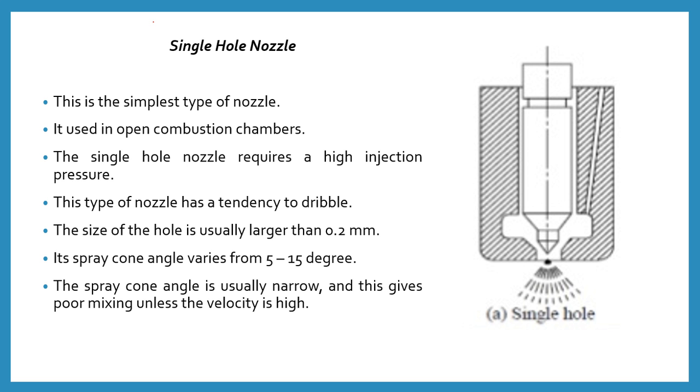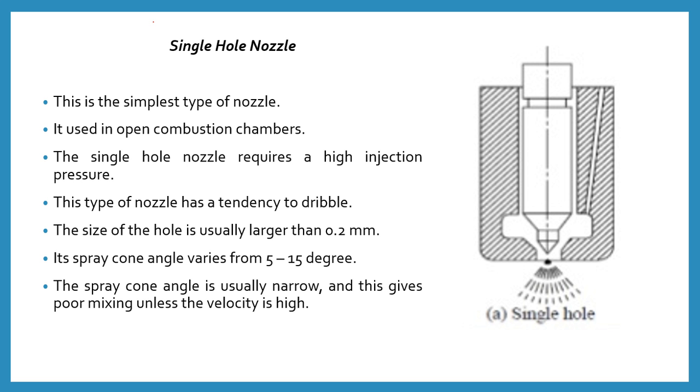Its spray cone angle varies from 5 to 15 degrees. The spray cone angle is usually narrow, and this gives poor mixing unless the velocity is high.